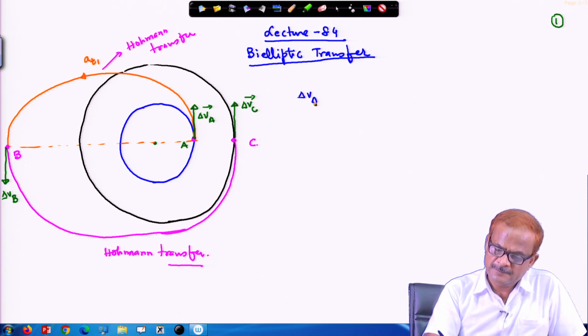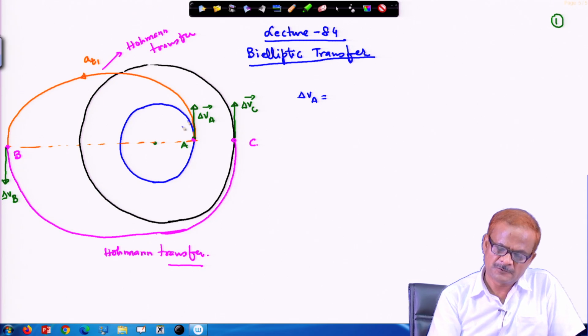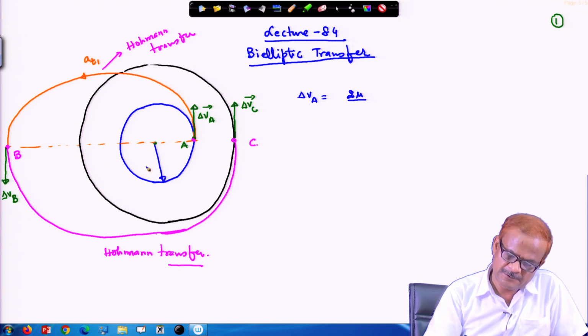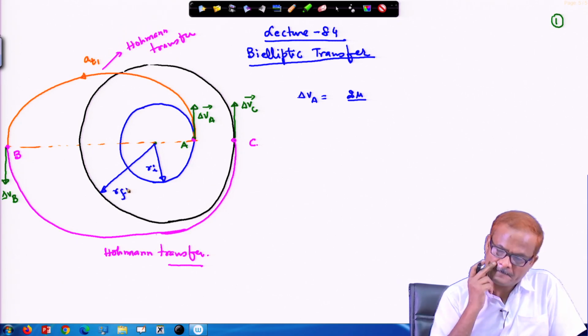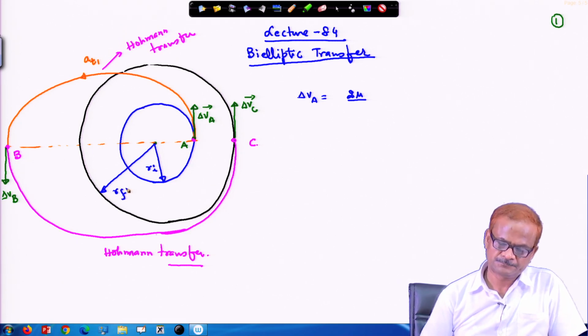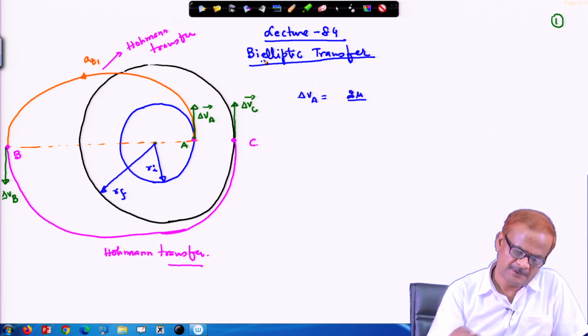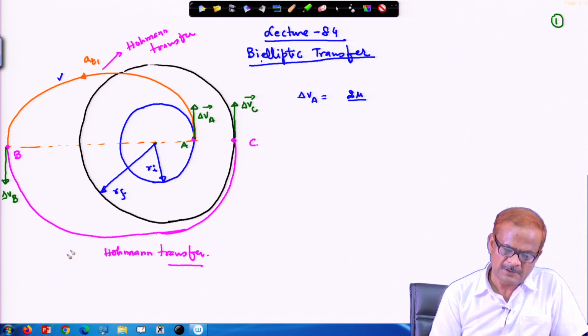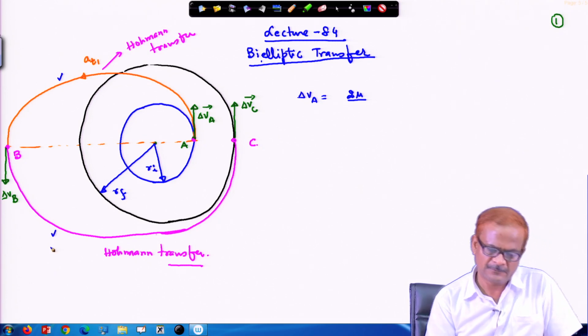So, delta V A. I write in short because I have already worked out all the details. Here in short I will write square root of 2 mu by, and the initial radius is r I and this radius is r f. Why is the name bielliptic? Because you have the first ellipse half of that and the second ellipse half of that.